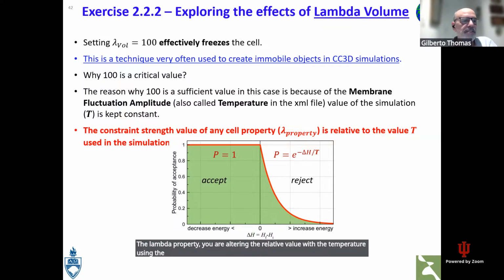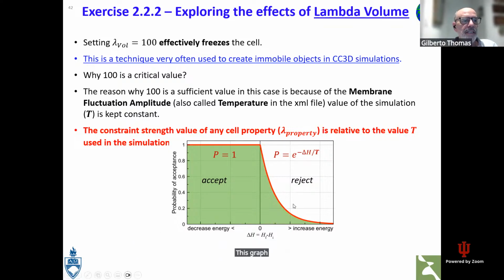Let's understand this graph here. This graph shows the variation of the probability of acceptance of a pixel copy attempt. When the energy decreases, delta H is negative here, the probability of changing the pixel is always 1.